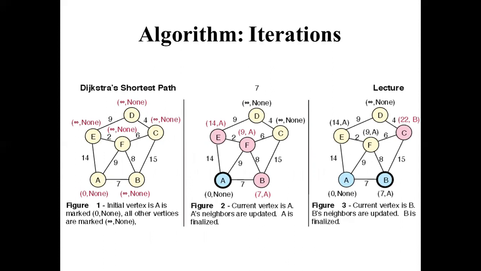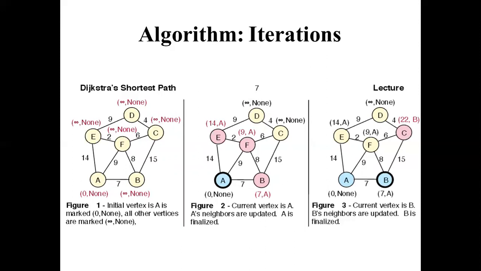So in iteration 1, we have to give a pair of values where the first value is the cost to reach that particular node, and the second value is the helping node.